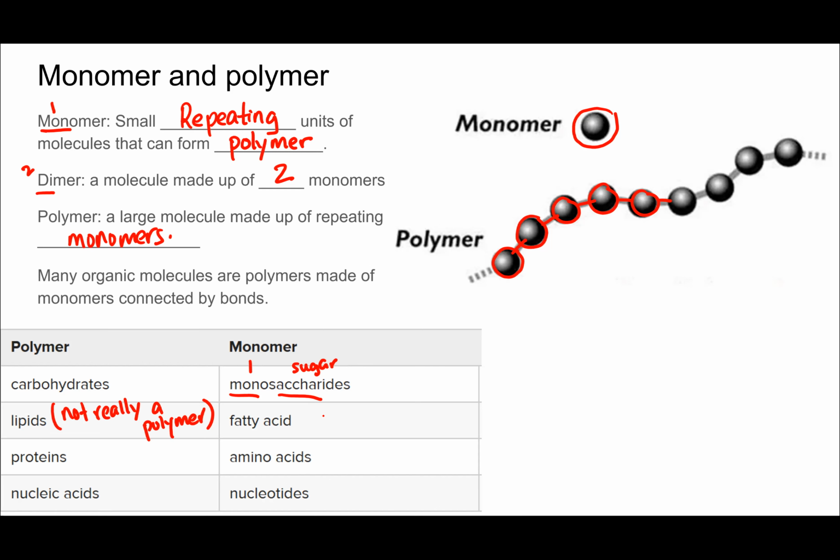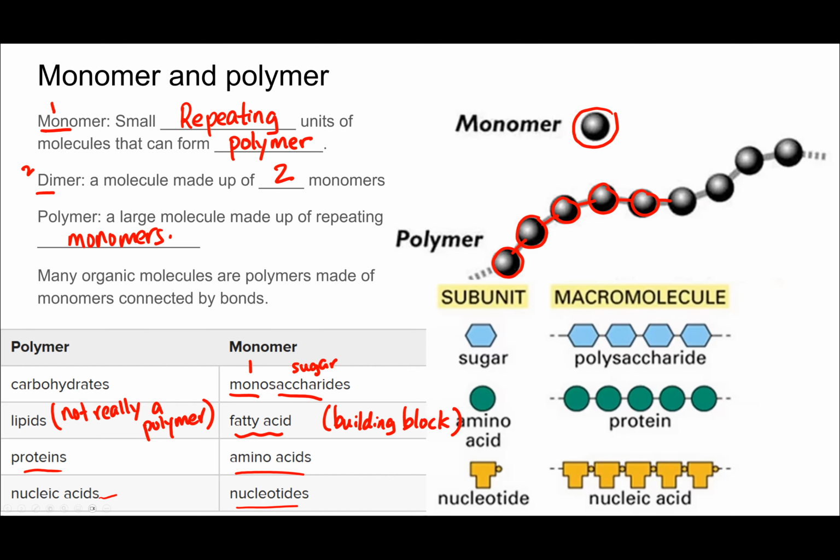A better way to categorize the units we use for lipids is building block. You can think of it as the specific structure that we put together to make lipid. A particular type of that building block is called fatty acid. Protein is a polymer, so the monomer is amino acids, and the monomer of nucleic acids is nucleotides.